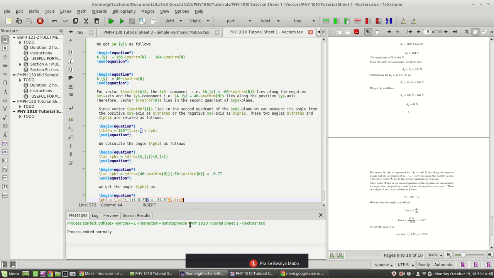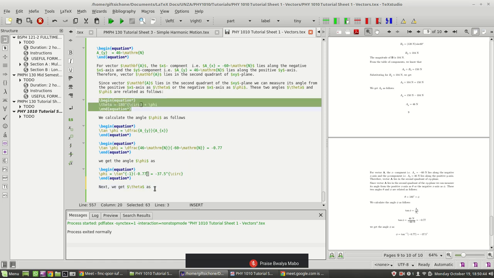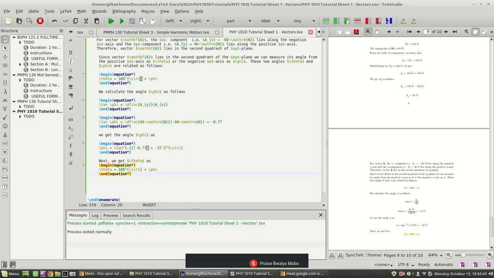Okay, next we look at theta. Now that we know our phi, we can work out our theta.